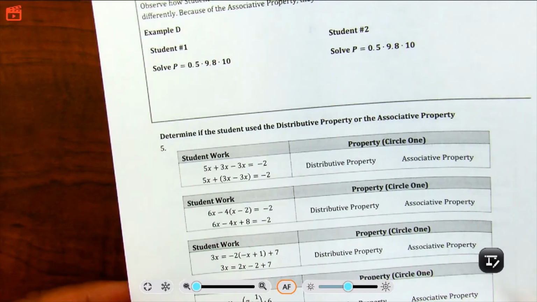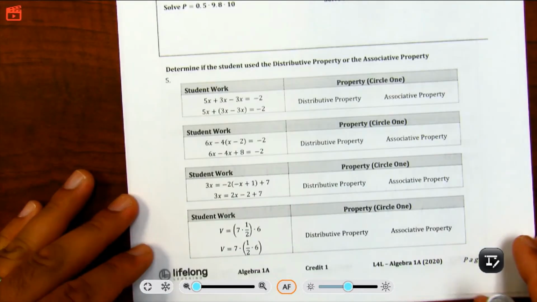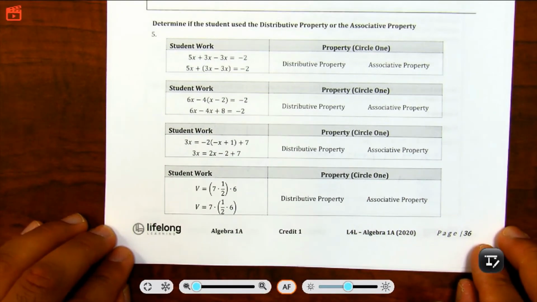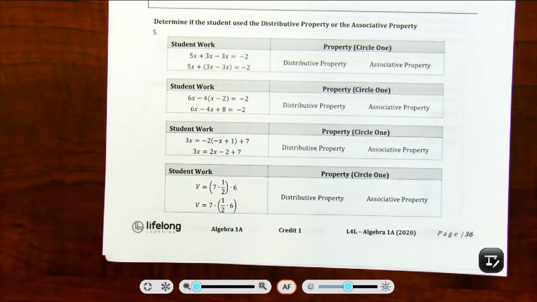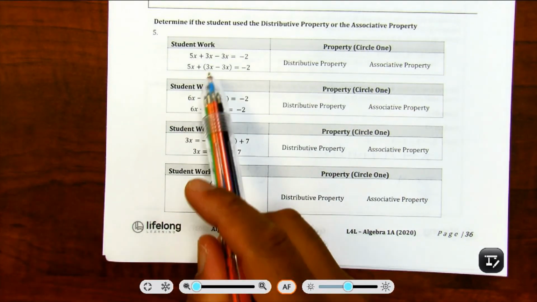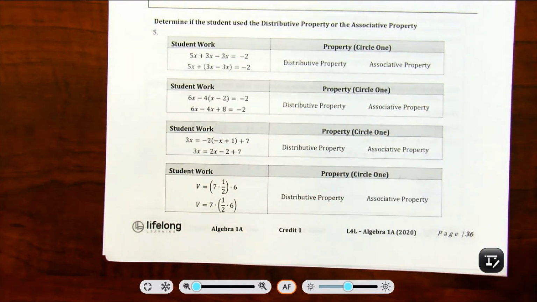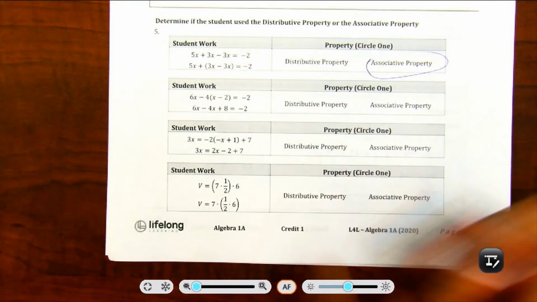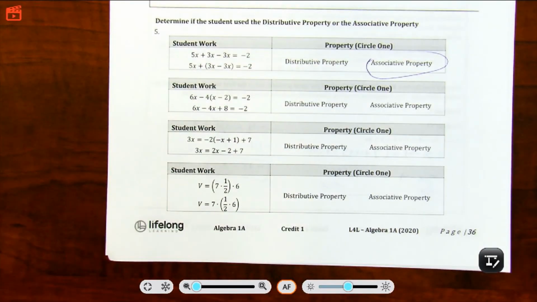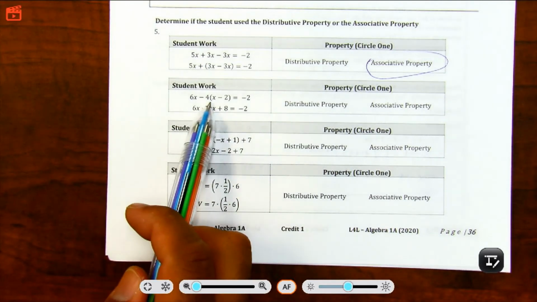And let's look at this here. Determine if the student used distributive property or associative property. So putting parentheses around 3x, is that distributive or associative? That is associative. Going from negative 4 parenthesis x minus 2 to negative 4x plus 8, this is distributive.